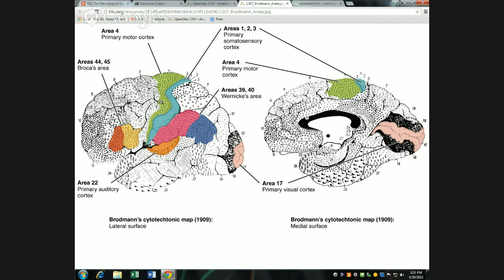A cell in here that's active, or a population of cells in there that's active, is going to be sending information down the spinal cord to control the motor neuron in the spinal cord gray matter that causes muscles to contract. So the command to tell your fingers to move originates out of the primary motor cortex, which for the fingers would be right about there.